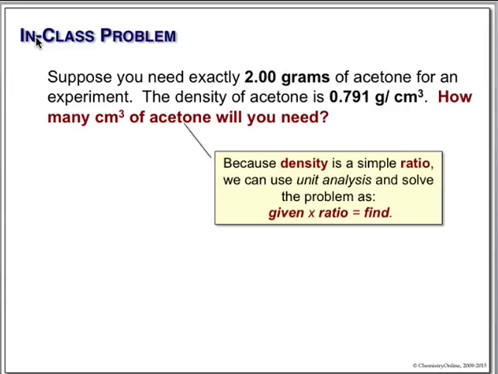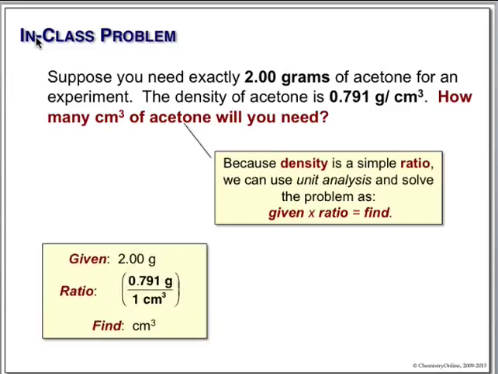Well, very simple. Let's go ahead and solve it with our algorithm. Our given is our mass, here's our ratio, and we need to find volume in cubic centimeters.